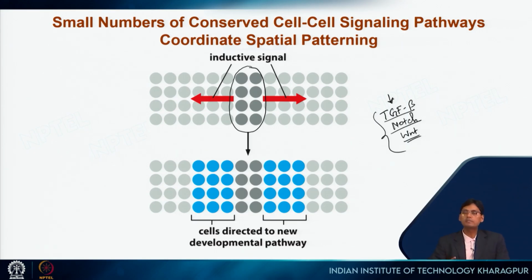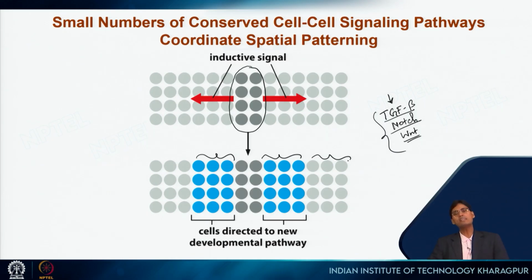So this TGF beta will induce surrounding cells to be developed into different types of behavior, different types of cell. As you can see, because of this signaling effect, these cells are now getting changed from the surrounding cells. So as a result of that, these cells are directed to a new developmental pathway because of these inductive signals.